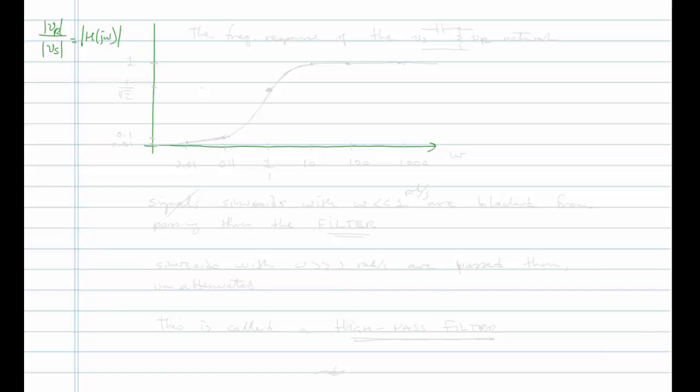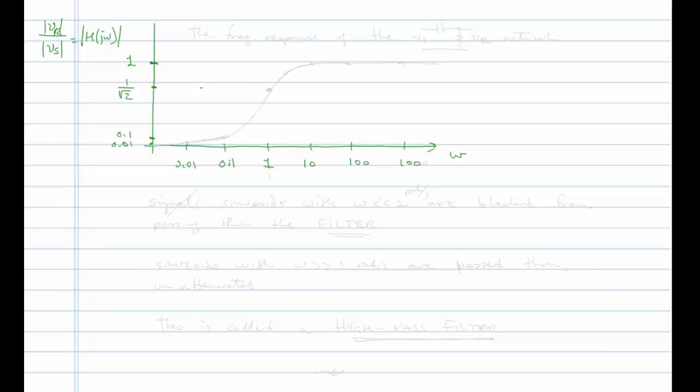And we can plot this on, let's go 0.01, 0.1, 1. We'll do it on a log scale on the horizontal because we covered quite a range here. Okay, so this is omega. And we have 1 here, and we'll say 1 over square root of 2 here. And down here we have 0.1 and 0.01.